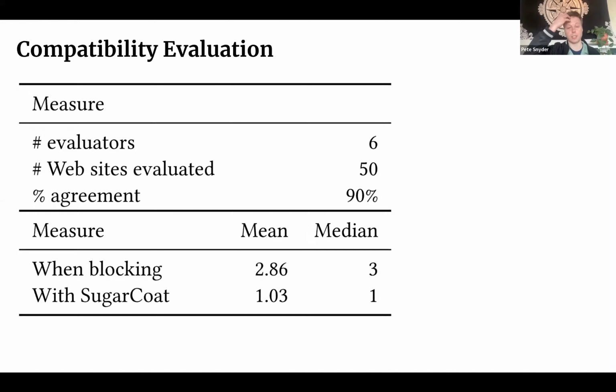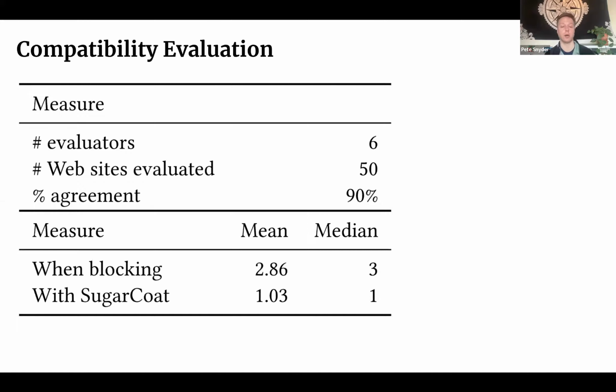And the result of this evaluation is given in this table, but the important part is the bottom half of the table. So to walk through this table, when blocking means we're just blocking the script. This is the broken version of the page. We can see a lot of our reviewers are pretty clearly able to identify that, yes, the page is actually broken. The closer to 3 the number is, the more evaluators thought, yes, this page is definitely broken.